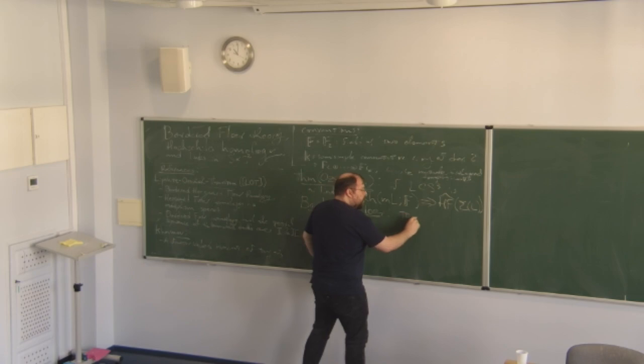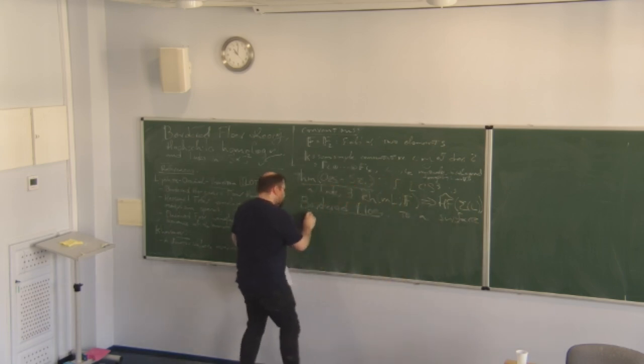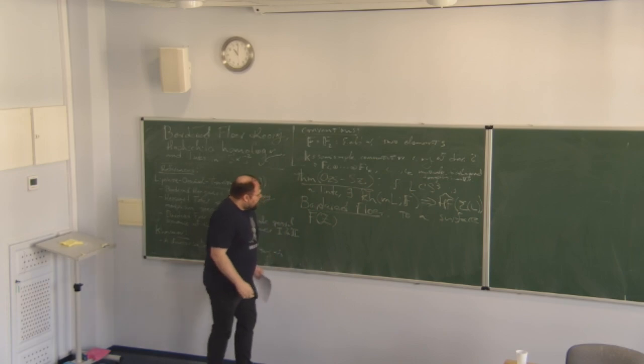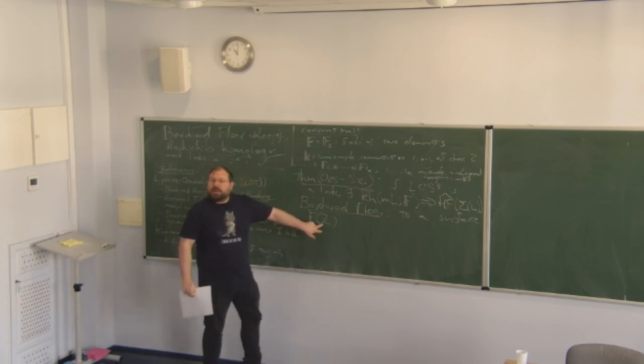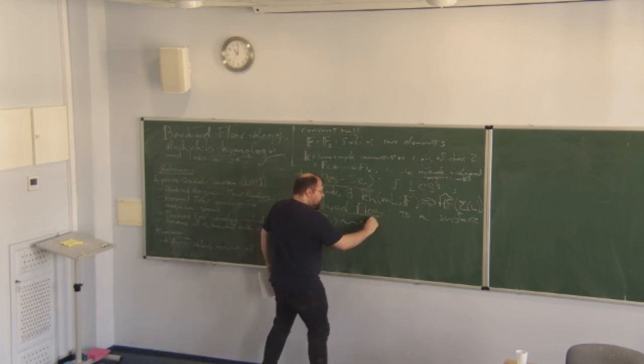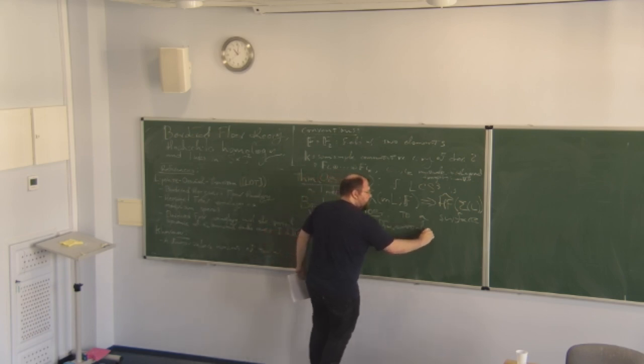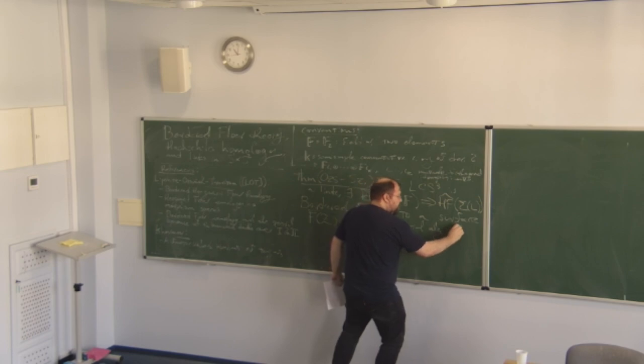So to a surface F(Z), where Z is some combinatorial data that describes this surface together with a parametrization, it associates some differential algebra, which I'll call A(Z).